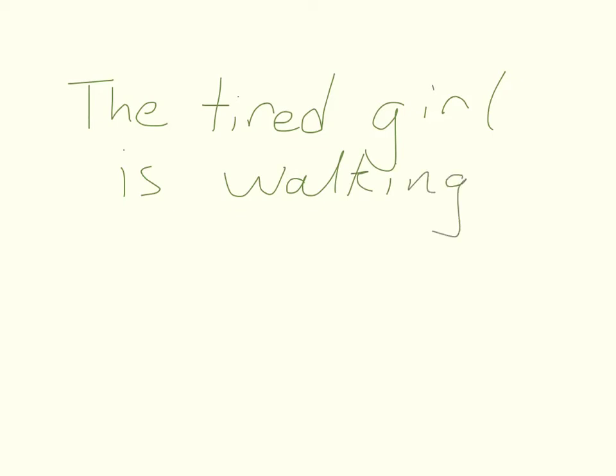In English, if we want to change that to plural, we need to change two things. We need to say the tired girls, and then we want to do are walking. So we change the ending on the noun, and we also need to change our verb here from is to are.